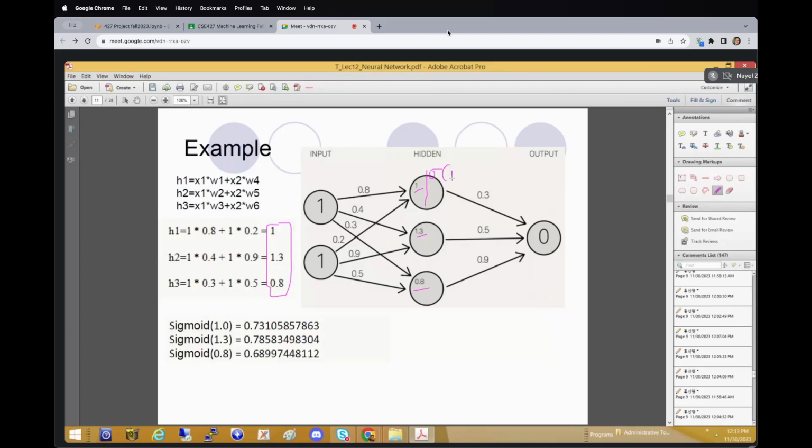We calculate the sigmoid of 1, and then the sigmoid of 1.3, to make it nonlinear.